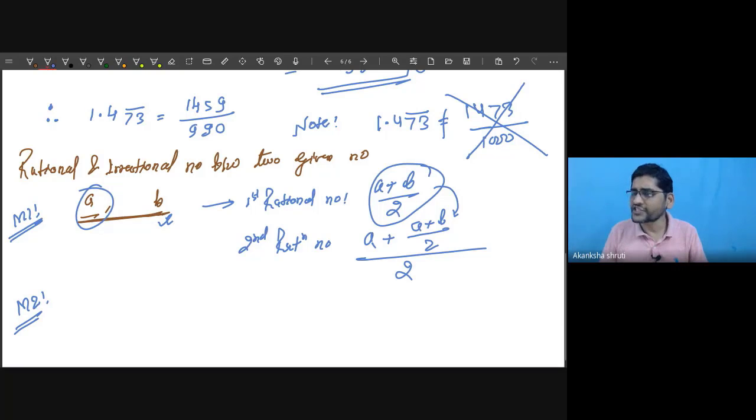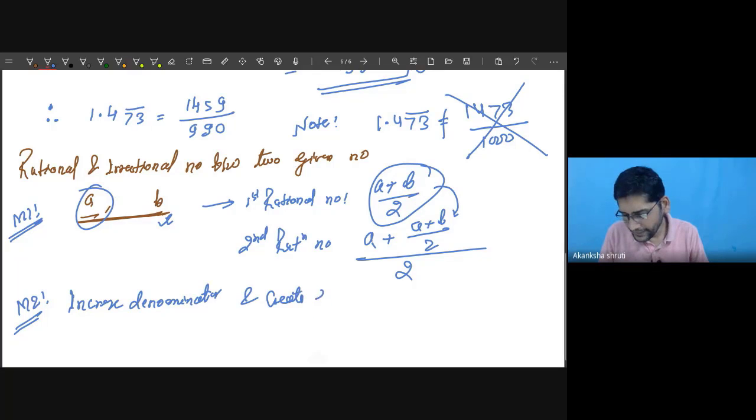equalize the denominator and increase the denominator by a factor, and create a gap in the numerator. This method, please go through the previous lecture, you can get it.